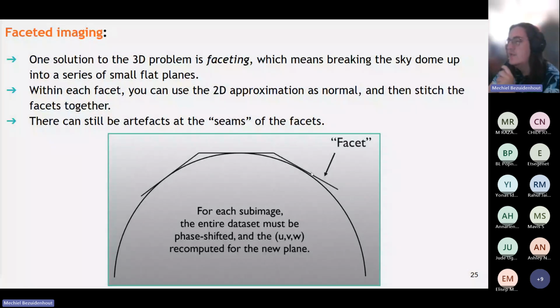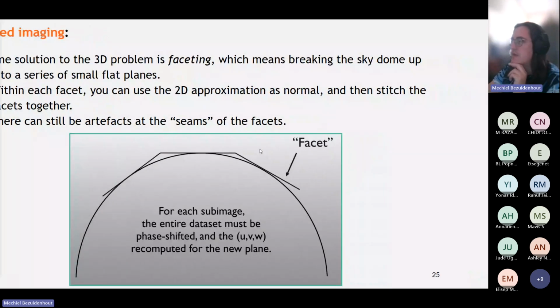However, there can still be artifacts on the seams of those facets where you put them together. But if you use very small facets, then those effects are going to be much less, but it's going to take a lot longer to do the imaging because you have to do it individually for all of those facets.